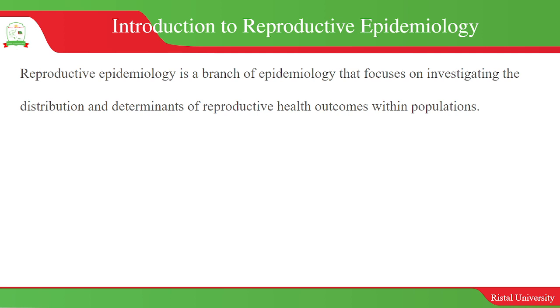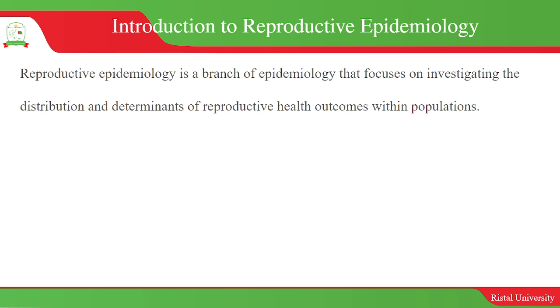Now here, we are narrowing it down to events that are related to reproductive health. The difference between the earlier definition and this one is that we have an element of reproductive health outcomes.